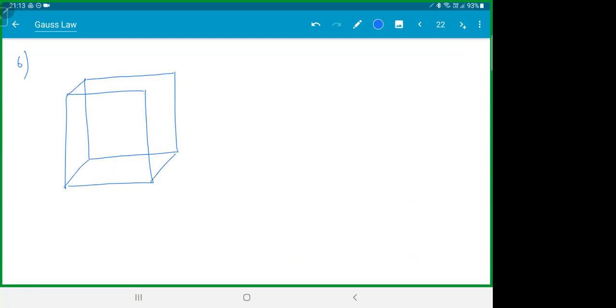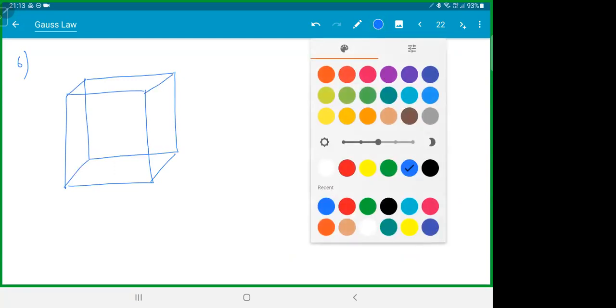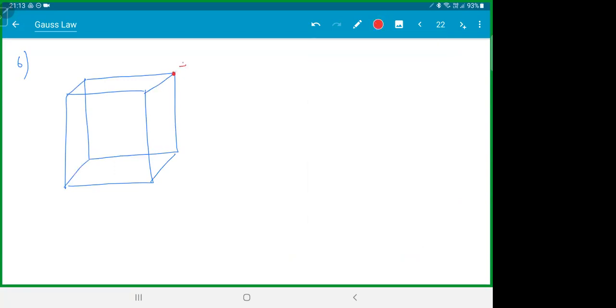Let's say we got a cube here. We have a charge Q in this corner. This is face 1, face 2, face 3, face 4, face 5, and face 6. So plus Q is at the corner.